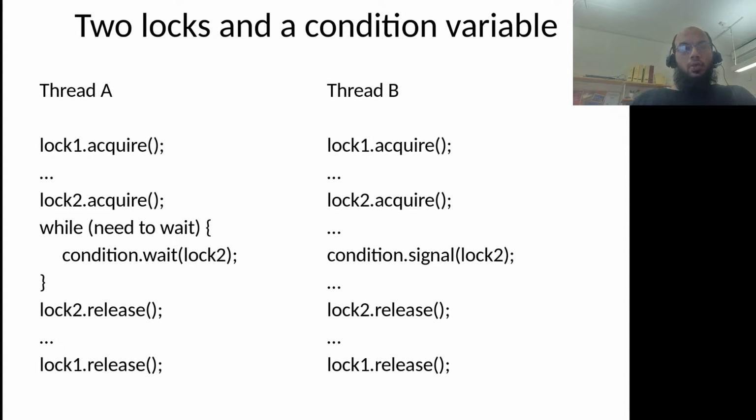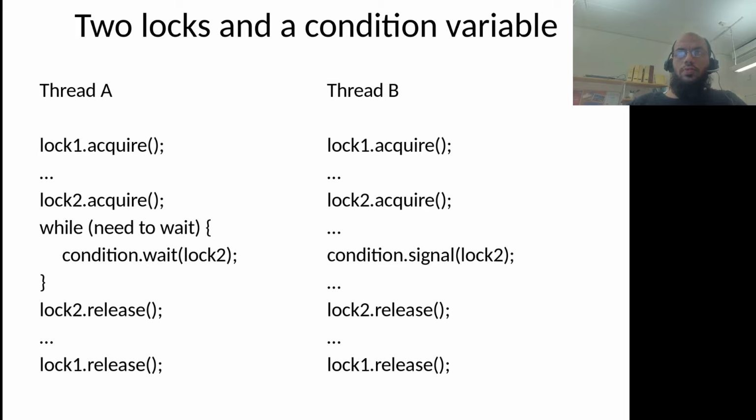It can happen if you have two locks and a condition variable. So thread A tries to acquire lock 1, thread B tries to acquire lock 1, thread A wins. Thread A acquires lock 2, thread B is still blocked, it cannot do anything, and thread A starts by checking on the condition variable, and it waits on lock 2.